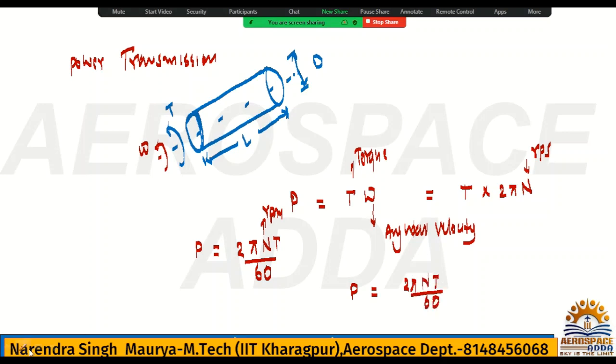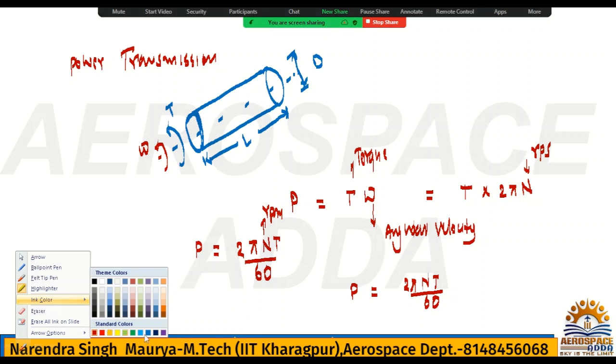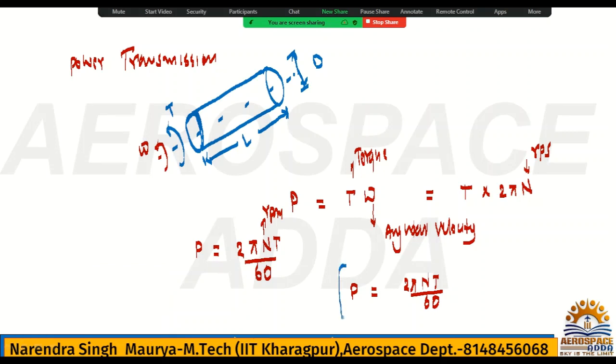You need to remember, sometimes it will be useful for the numerical. It is very basic, you know very well, but I need to write it here because we are talking about torsion, shaft and all, so it is necessary. Hope this one is clear. Now, obviously the HP conversion and all you know, so no need to write.